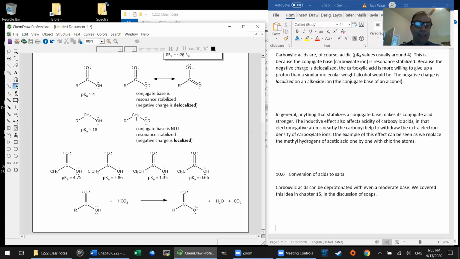But if you look at the conjugate base of an alcohol, what we find is that it is not resonance stabilized as the conjugate base of a carboxylic acid is. Rather, the negative charge is localized on this oxygen atom. And so that one atom has to bear all of the extra electron density, all of that electron-electron repulsion. Now, oxygen's certainly not a terrible atom to do that. Oxygen's quite electronegative.